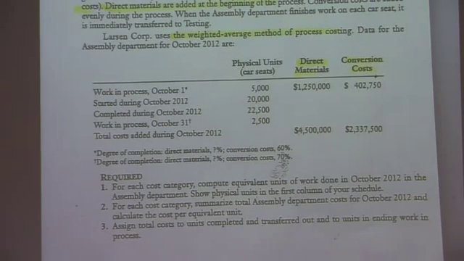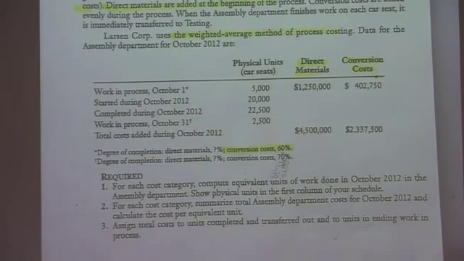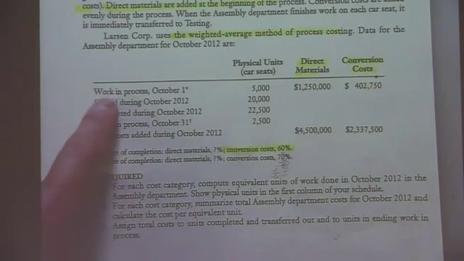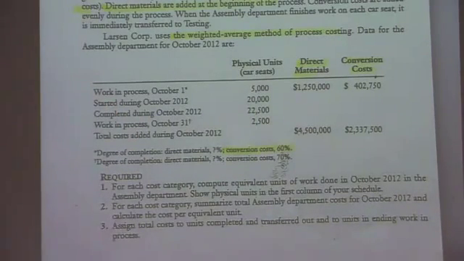Now, we're told that the conversion cost is 60% complete. That means that in the current month, in the month of October, we need to complete 40% of this work in progress, and then it goes through the actual testing department.